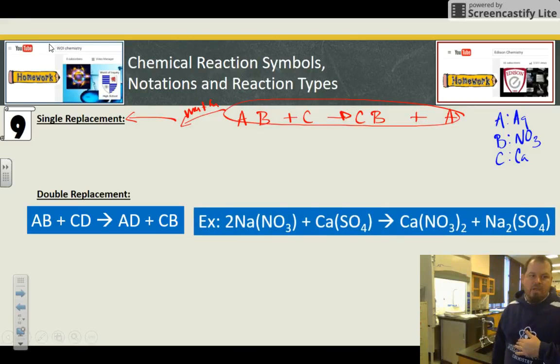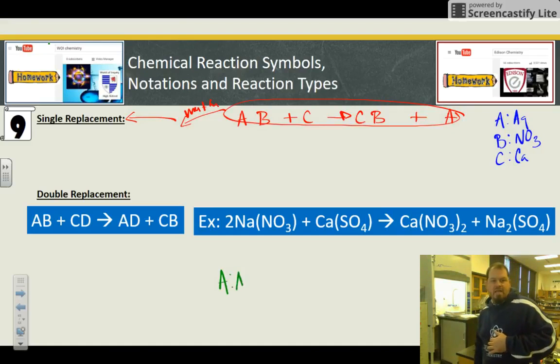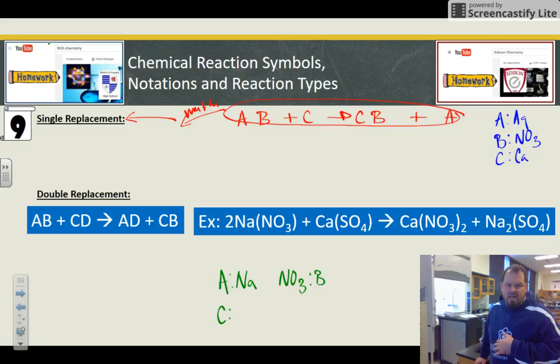So Na is going to be A, and B is going to be NO3, and C is going to be Ca, and D would be SO4. And we're going to get AB plus CD goes to CB plus AD.